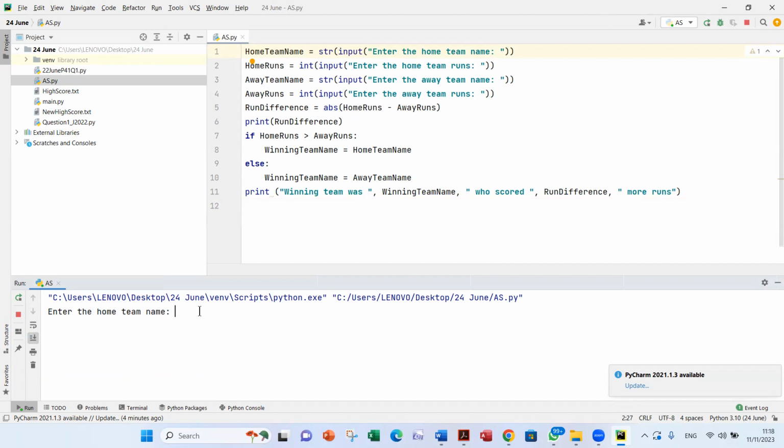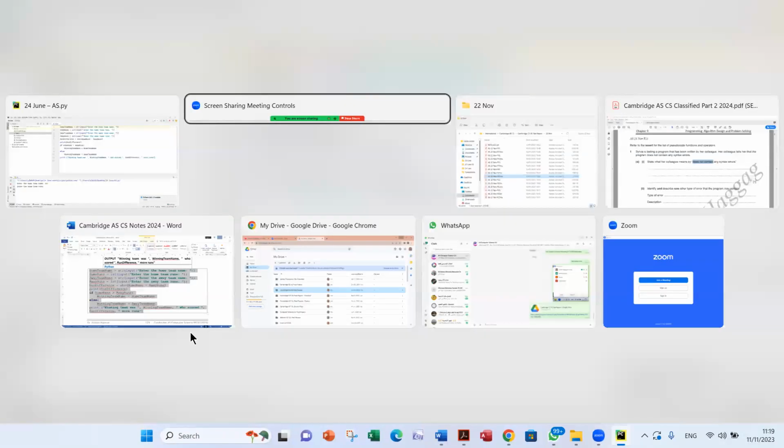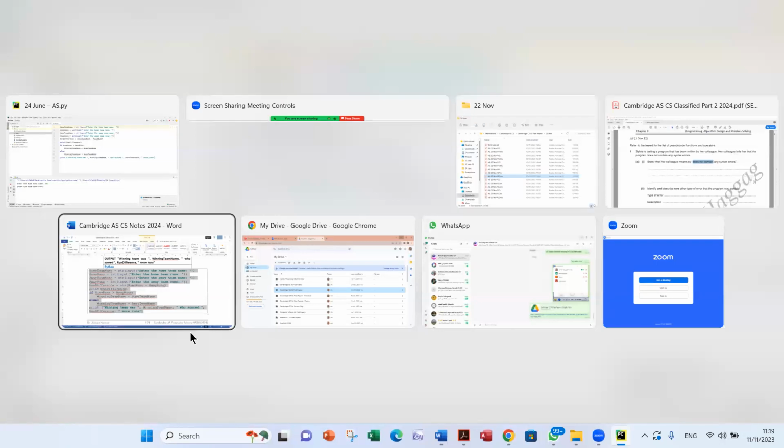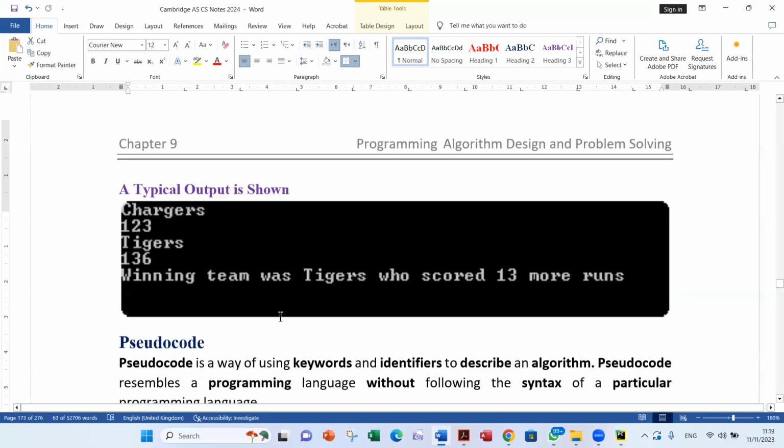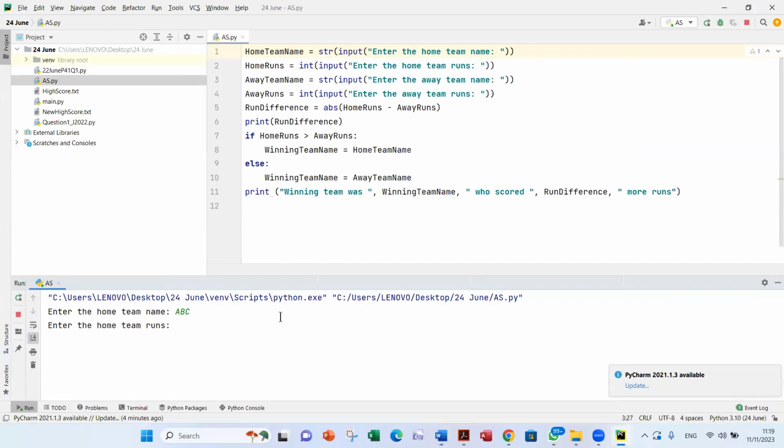So, for example, it's going to be A, B, C. So this will be stored in the variable home team name. And enter the home team runs. Let us copy from the question itself. And then it should be 1, 2, 3. Let us write here 1, 2, 3.